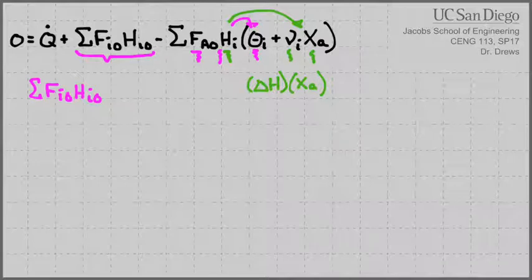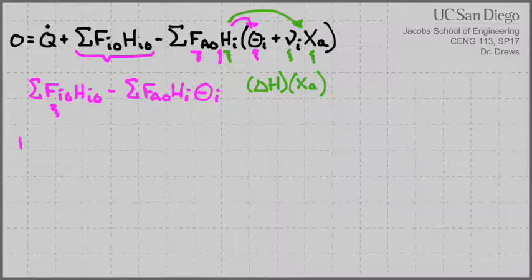Those aren't formal names. We don't call them reaction terms or flow terms. But the first one, where you look at Fa naught times Hi times theta A, that's talking about the flow of stuff going out. If you look at the Fa naught Hi times stoichiometric coefficient Xa, that's talking about things that are changing due to the reaction. So we can pull that term out, and we end up with something like sum of Fa naught Hi theta I. We can make these two look even more similar if instead of this Fi naught, we replace it with Fa.